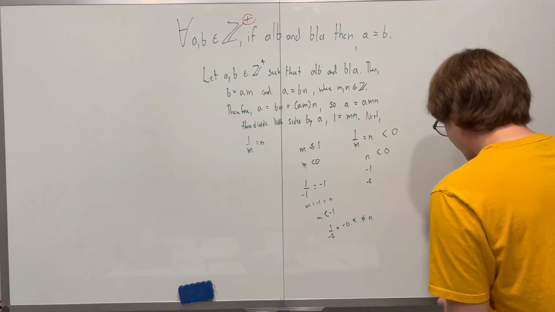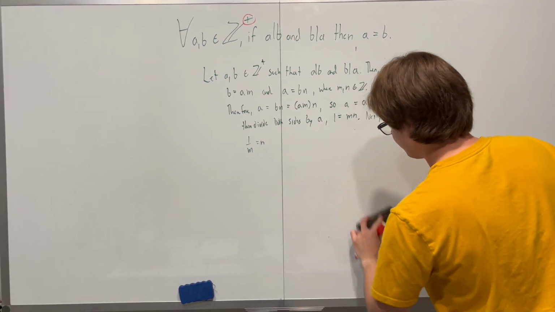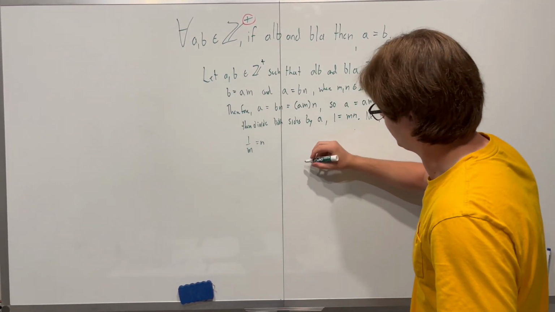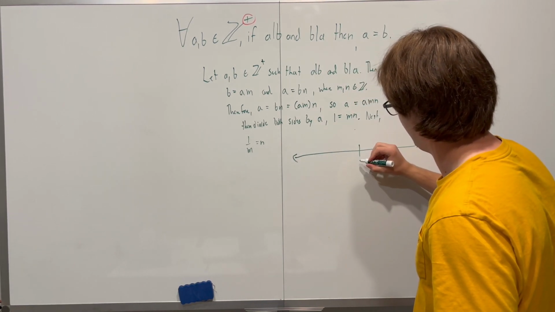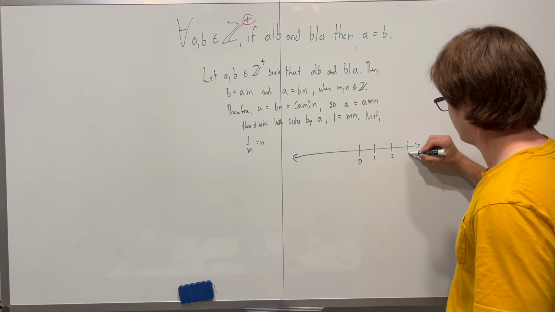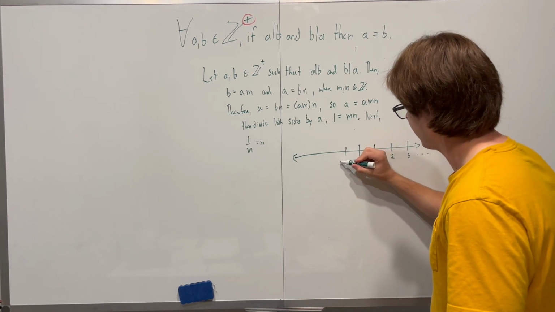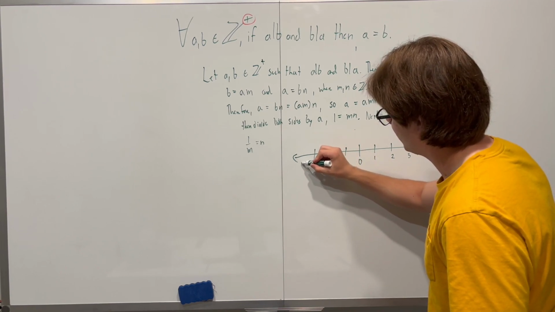Okay, so this is what we've found so far. So far we have found that if we have a number line, right, like this, and we have 0 here, we have 1, 2, 3, dot, dot, dot. And then on the other side, we have -1, -2, -3, dot, dot, dot.